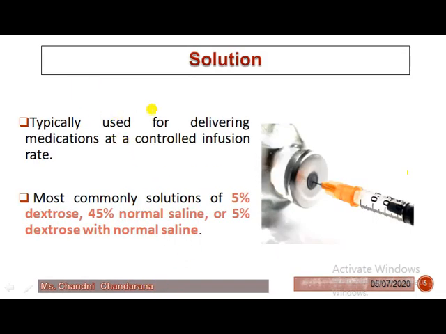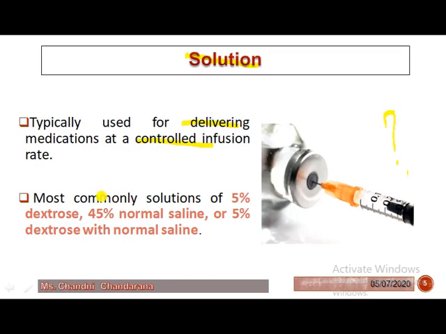So the first one is the parenteral solution. So what is parenteral solution? Typically it is used for delivering medications, or you can say drugs, at a controlled infusion rate. These are the examples of parenteral solutions.